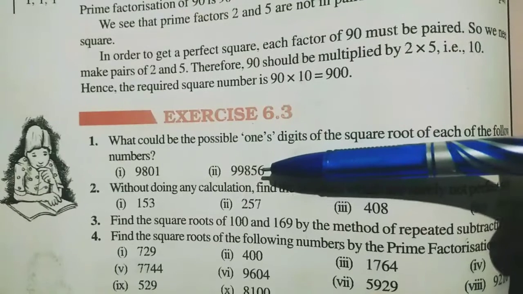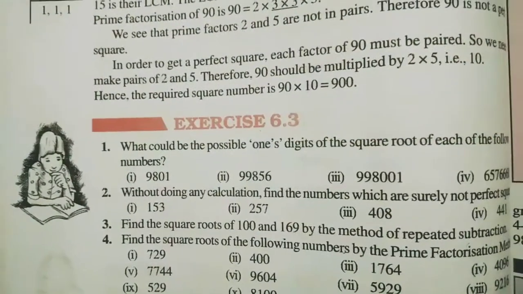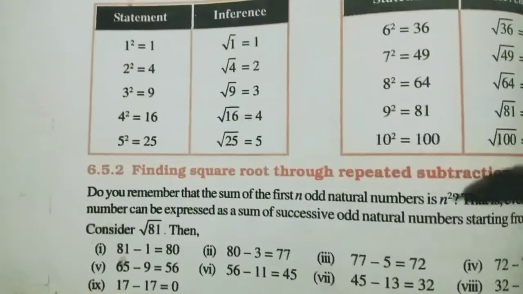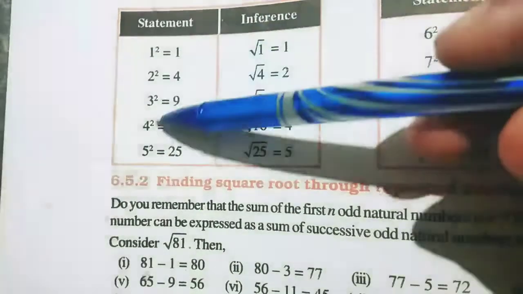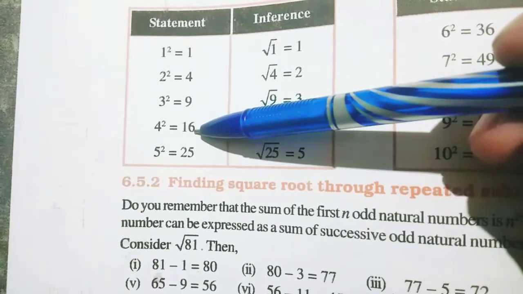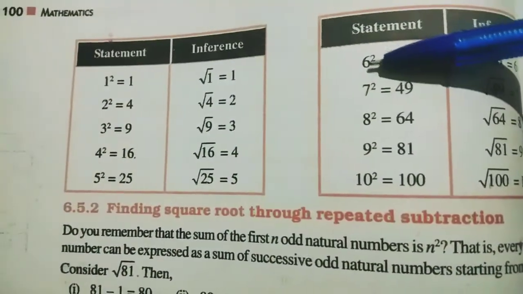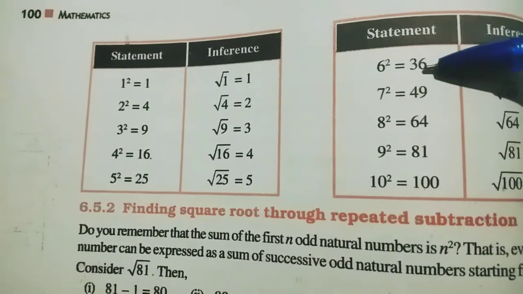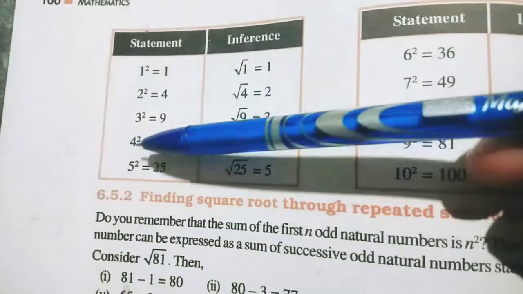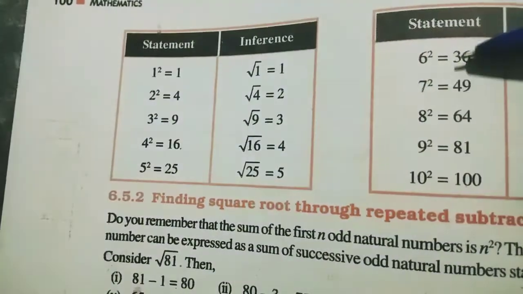Which number do we square to get 6 in the ones place? When we do 4 square, we get 6 in the unit digit. And when we do 6 square, we also get 6. That means here also there are two possibilities: 4 or 6.